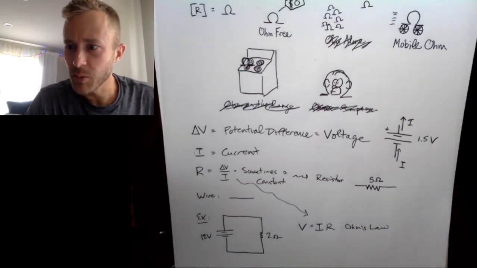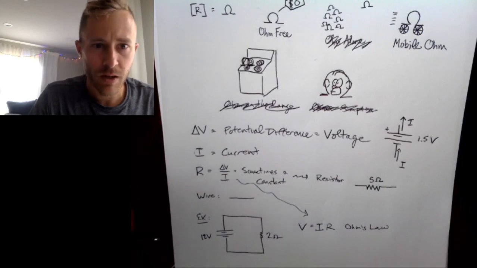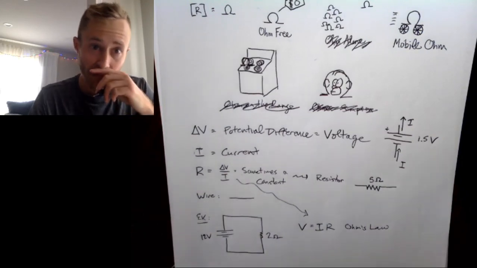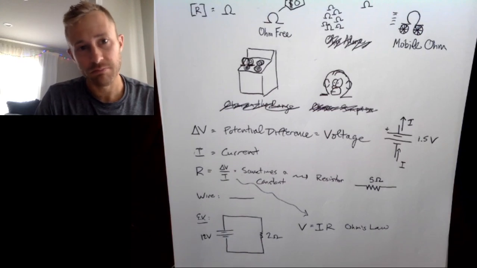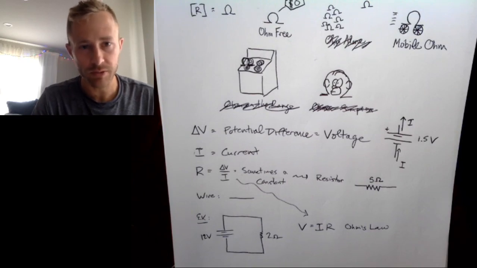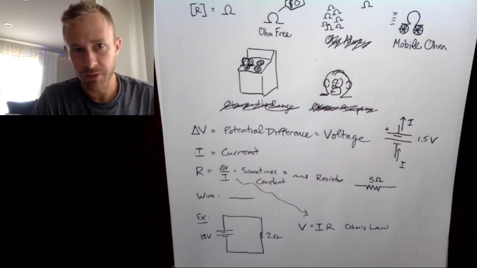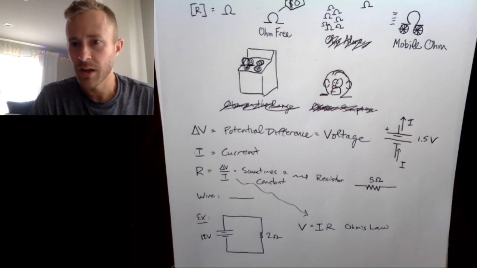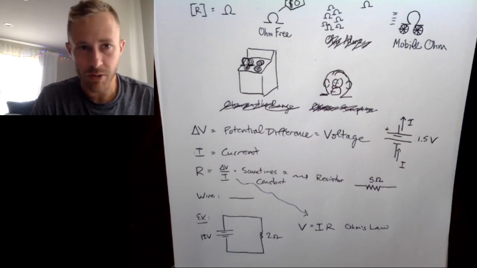Is there anything with zero or infinite resistance? Very good question. There are insulators that have a very, very large resistance. Not infinite. Nothing has an infinite resistance. Is there anything with zero resistance?